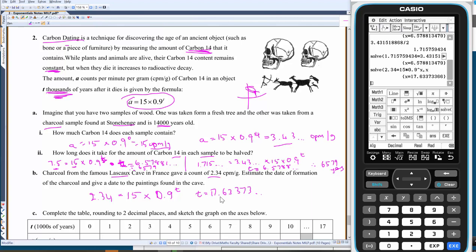Because we're in thousands of years, I'm expecting those paintings to have been done about 17,600 years ago. If you Google that, you'll find that is roughly correct, I think.